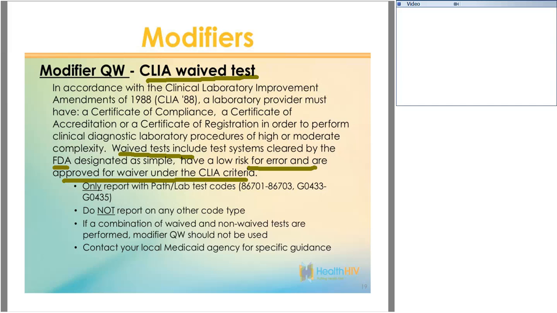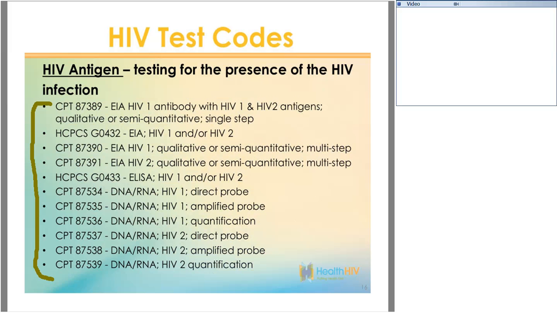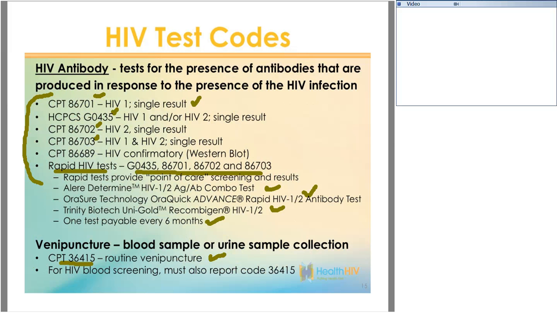According to the coding guidelines, this modifier can be used on any of the codes that we looked at on slides 15 and 16. So that's 86701 through 86703, and your G0433 through G0435. Any of those tests that state simple are approved for this modifier. Here we go. Any of the codes listed on this slide typically correlate with Modifier QW.